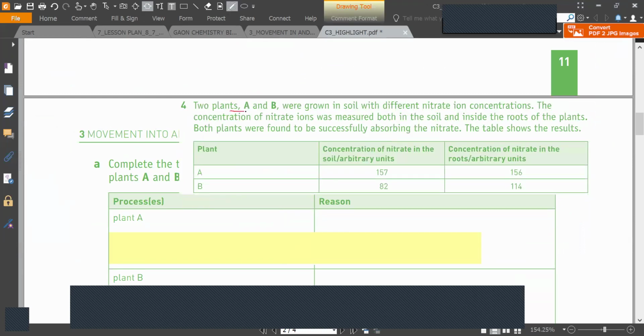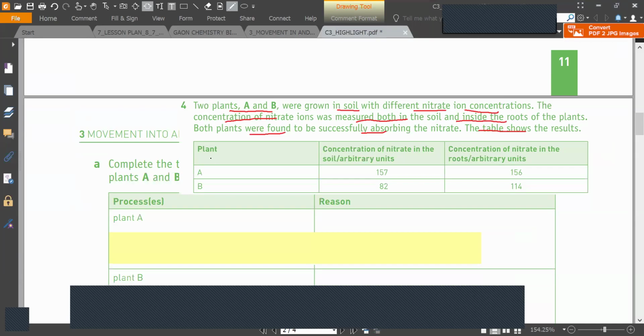We have two plants, A and B, grown in the soil with different nitrate ion concentrations. The concentration of nitrate ions was measured in both the soil and inside the roots of the plants. Both plants were found to be successfully absorbing the nitrate. The table shows the result.